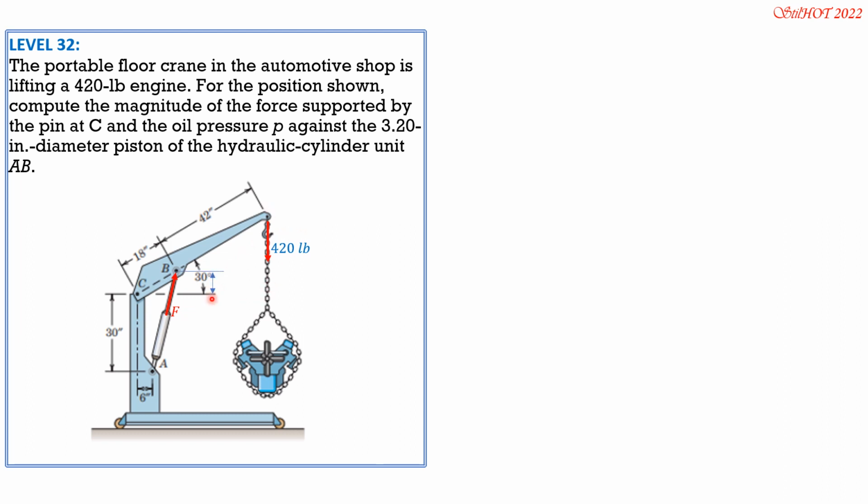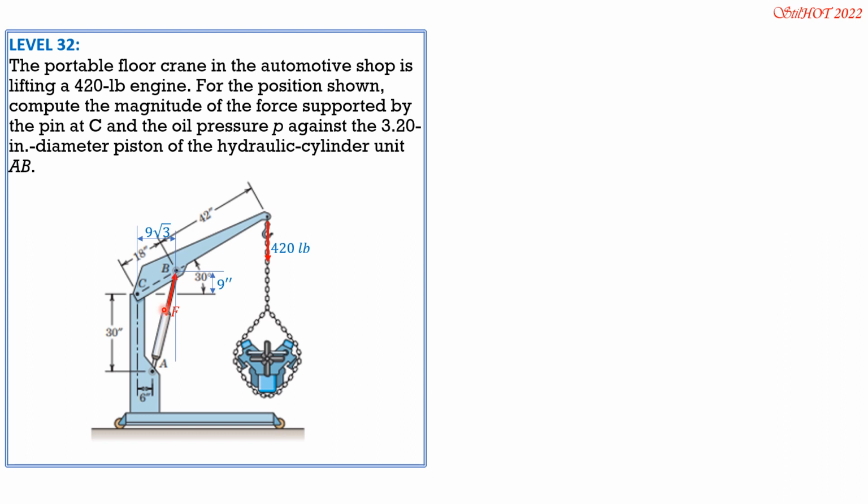This distance is 18 inches sine of 30 degrees, so that's 9 inches. The horizontal distance is 18 cosine of 30, square root of 3 over 2, so this is 9 square root of 3 inches.